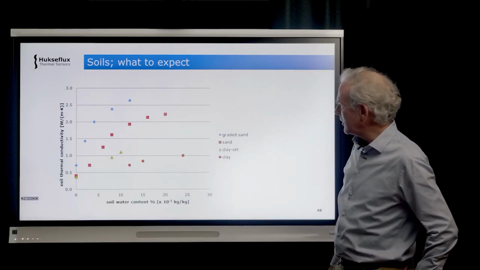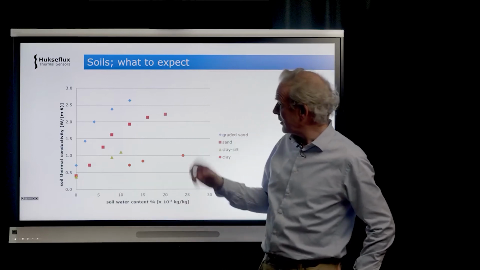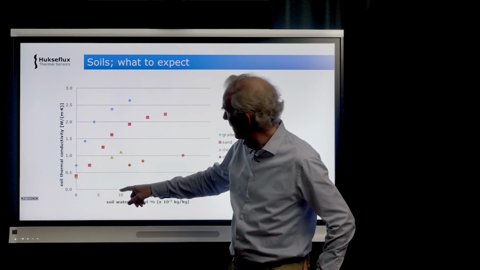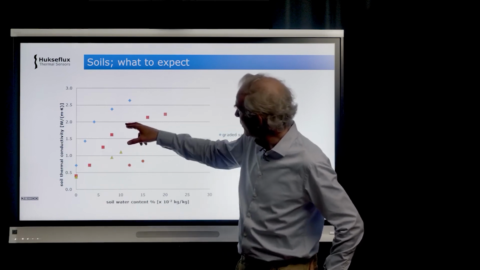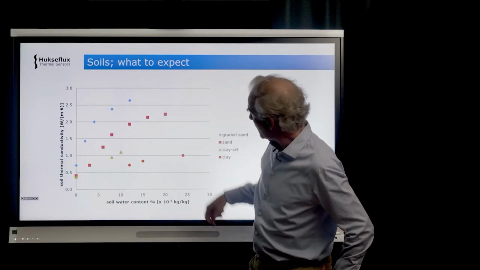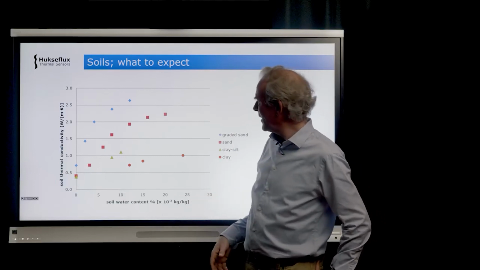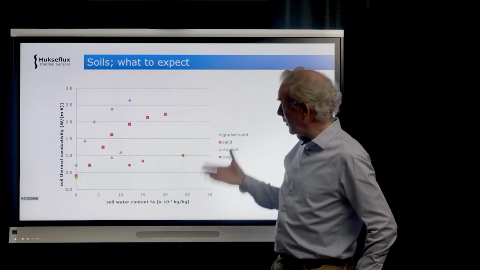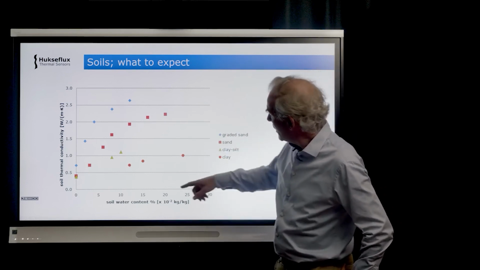What you see here is that dry sand is basically an insulator. As soon as you get a little bit of humidity, there's a very steep increase. That's the water building bridges until you reach about 20% by weight, and it tops off at around a thermal conductivity of 2.5.